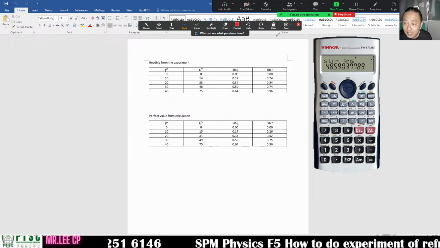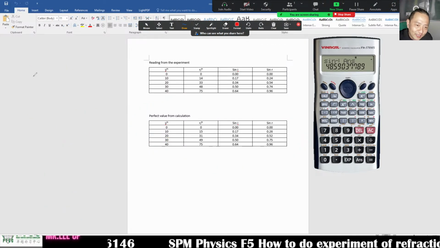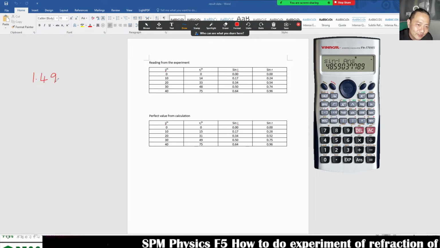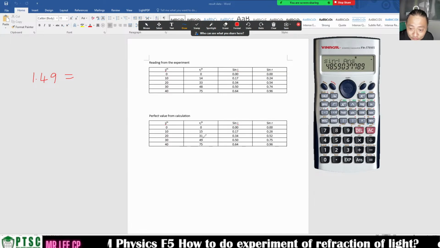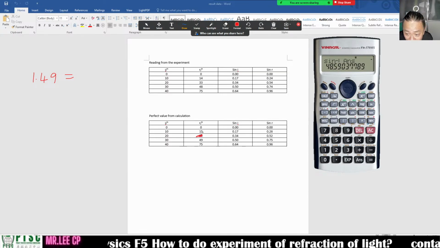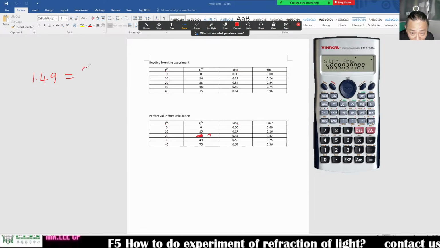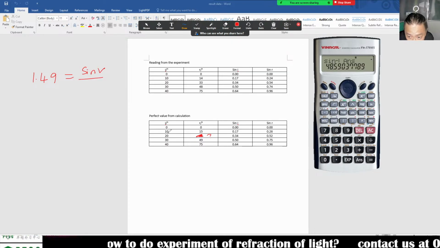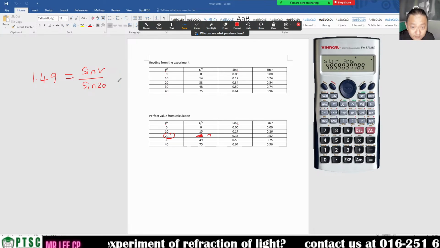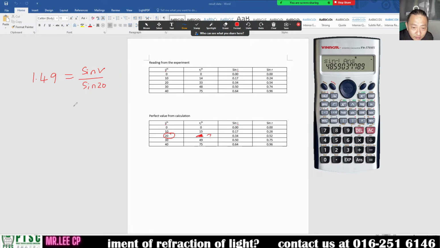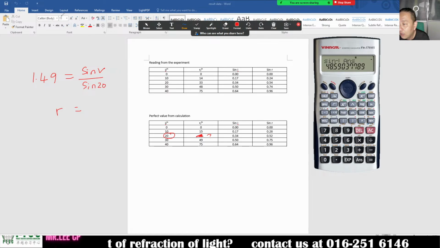If you want to put your n as acrylic, teacher acrylic 1.49, then go ahead. Your sin, you want to find which one? This one, sin r, and then sin 20. Okay, n is 1.49.